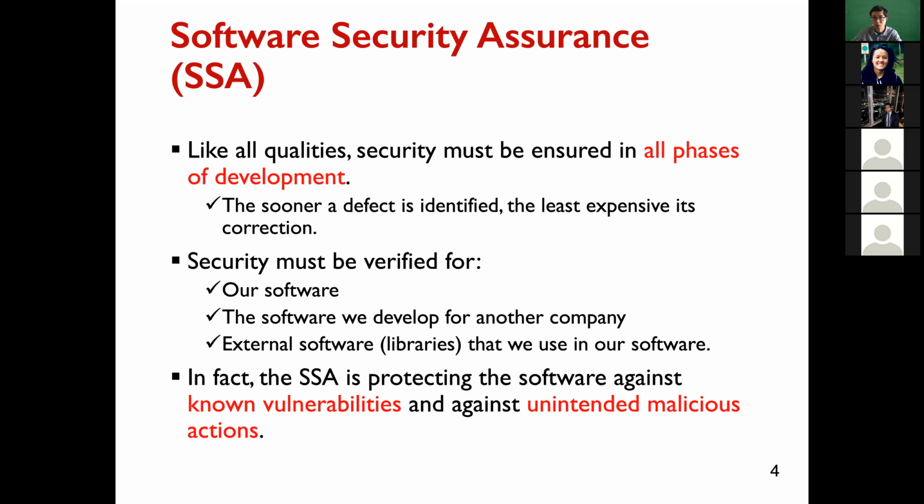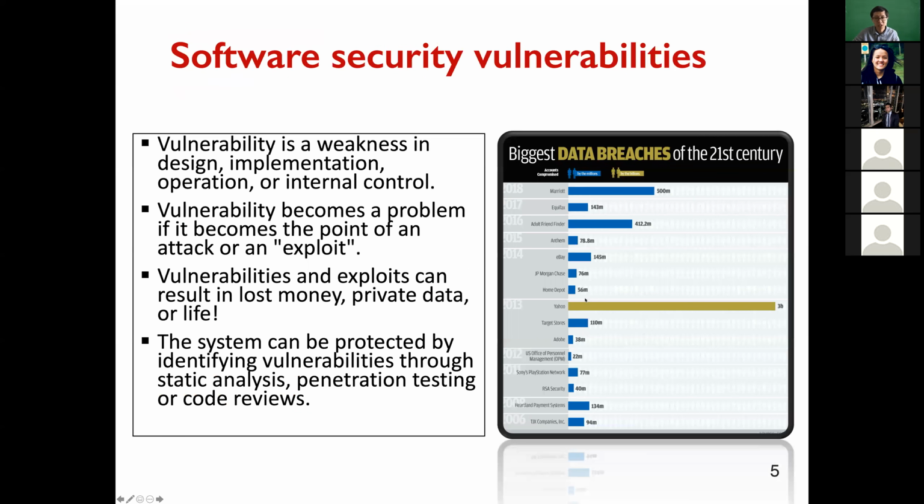Then we talked about what a vulnerability is. A vulnerability is a weakness in the design, implementation, operation, or internal control of the system. So a vulnerability is a characteristic of a system, and attackers may leverage it to attack the system. That is the basic definition.